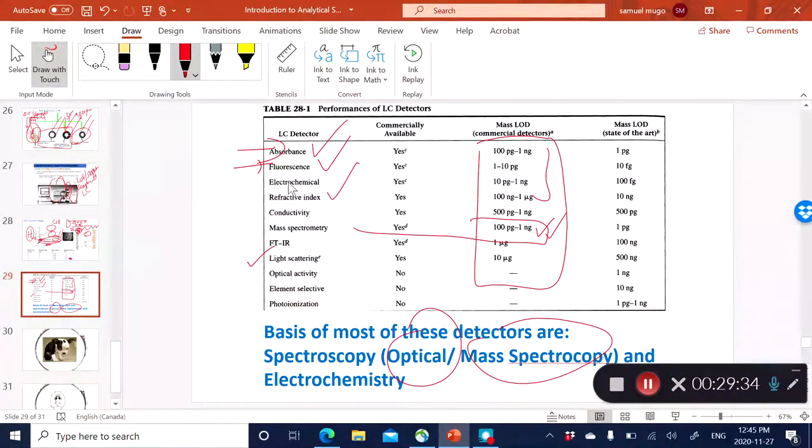So take note of the relative limits of detection that each one of these detectors is able to afford you. In my next lecture, I'm going to give you a very brief introduction into some of these spectroscopies, which are the basis for detectors in liquid chromatography, but also in gas chromatography as well.